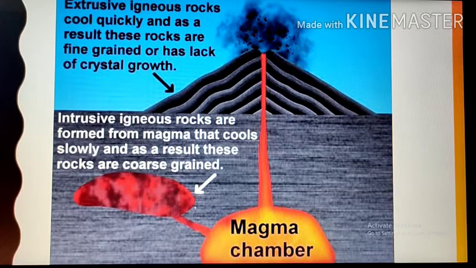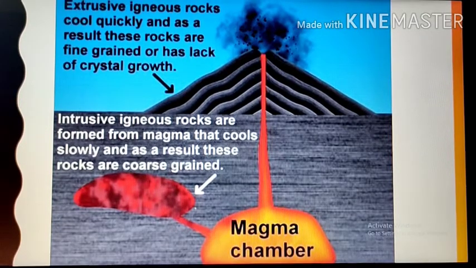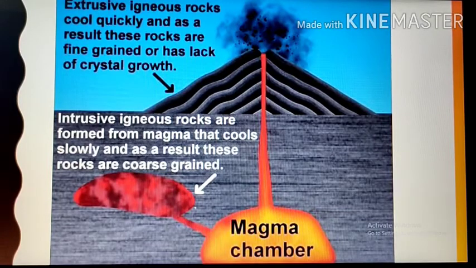When this molten lava comes on the earth's surface, it rapidly cools down and becomes solid. Rocks formed in such a way on the crust are called extrusive igneous rocks. They have a very fine grained structure. For example, basalt. The Deccan Plateau is made up of basalt rocks.